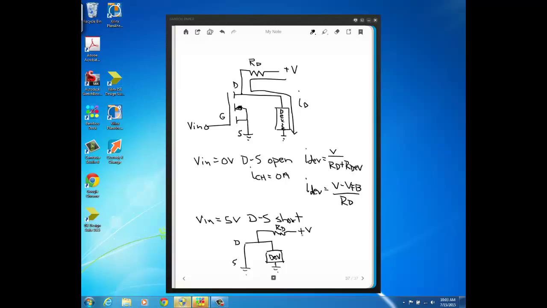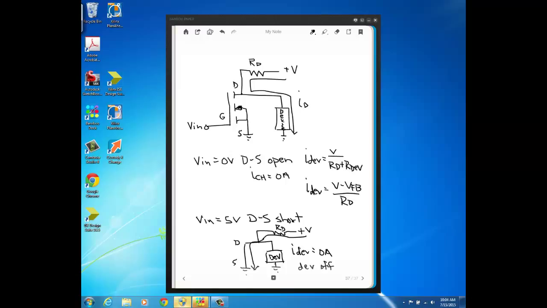Now look at the path of current. The current's going to flow here, and when it gets here, ideally all of it goes through the short between the drain and source to ground. None of it goes through the device. So here's where the device would not operate, because there's no current, so your device would be off.